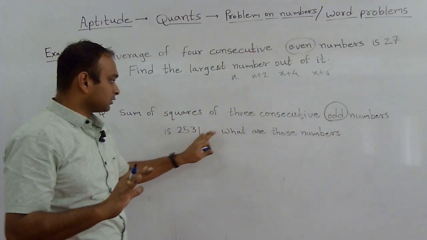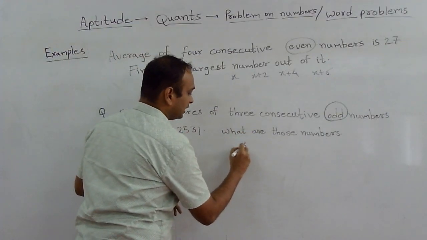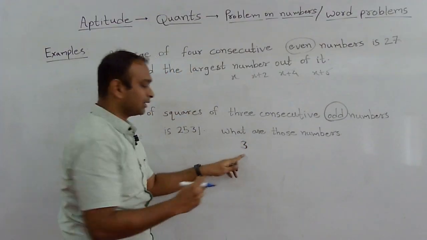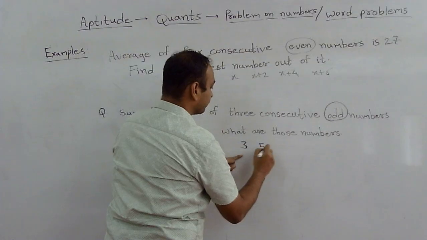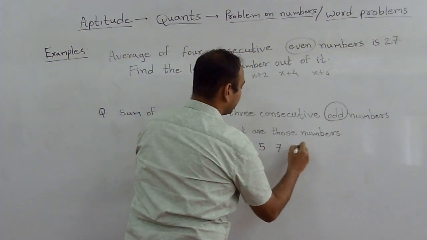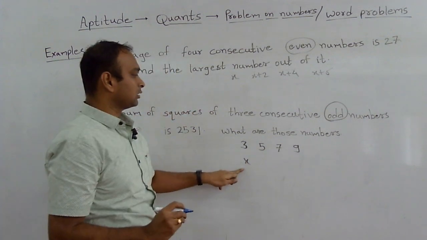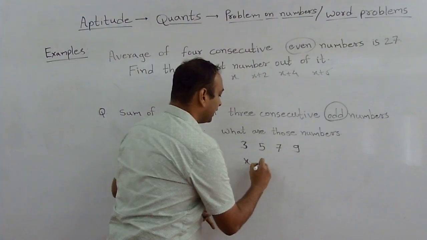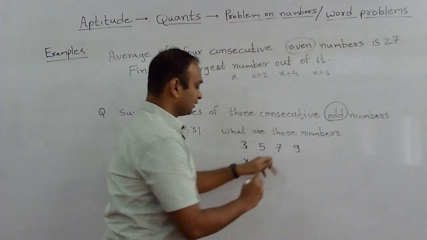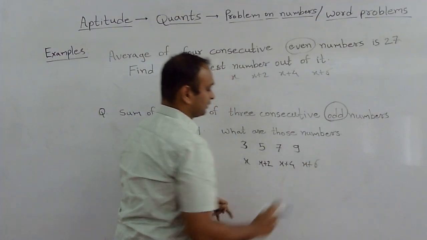If you have tried, you might have noticed that if the first odd number is, let's say, 3, the next consecutive odd number will be 5, next will be 7, next will be 9, and so on. So if we consider x as the first odd number, then the next consecutive odd number will be x plus 2, next to next will be x plus 4, and then x plus 6.